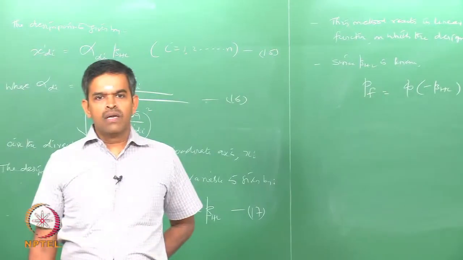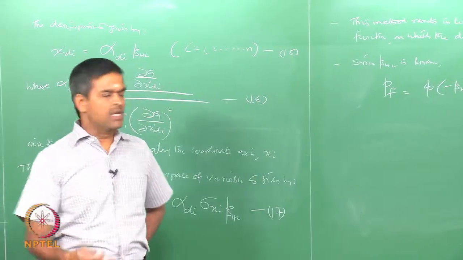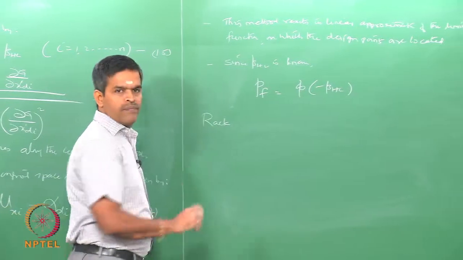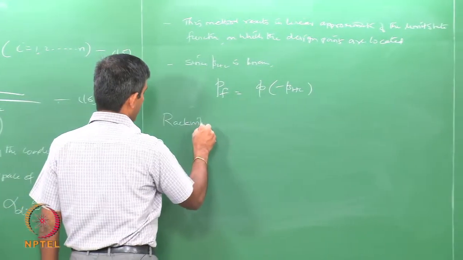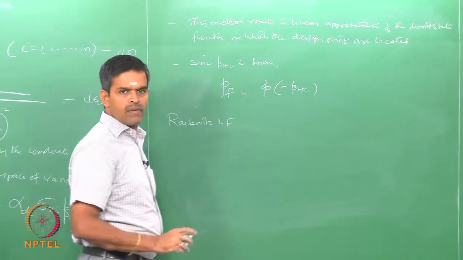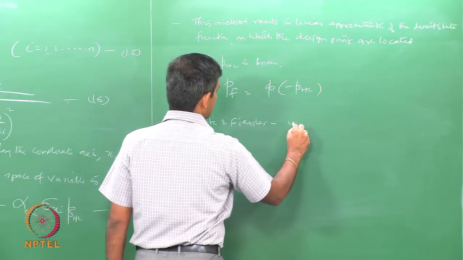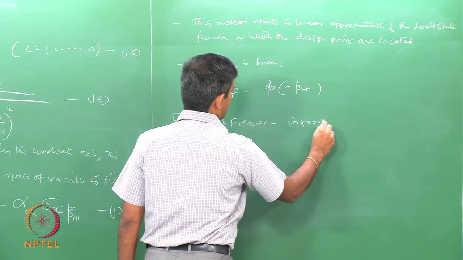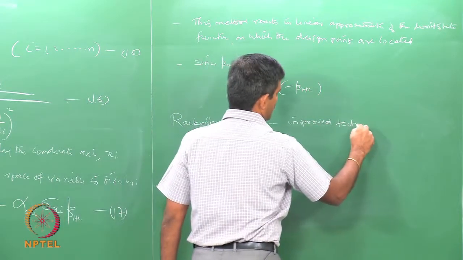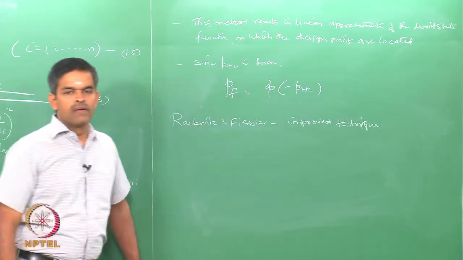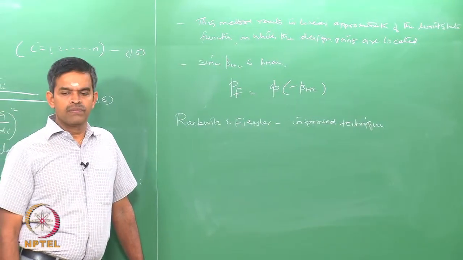Rackwitz and Fiessler suggested an improved method to obtain the probability of failure.